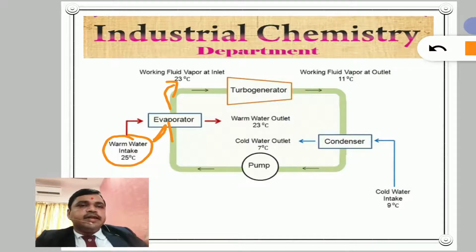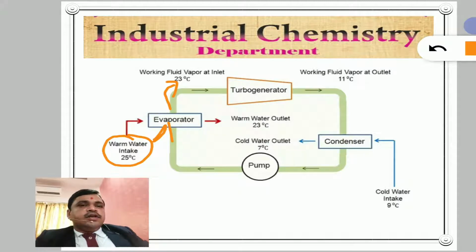So the working fluid vapor is at 23 degrees Celsius, which is passed into the turbine or generator, which generates the electricity.